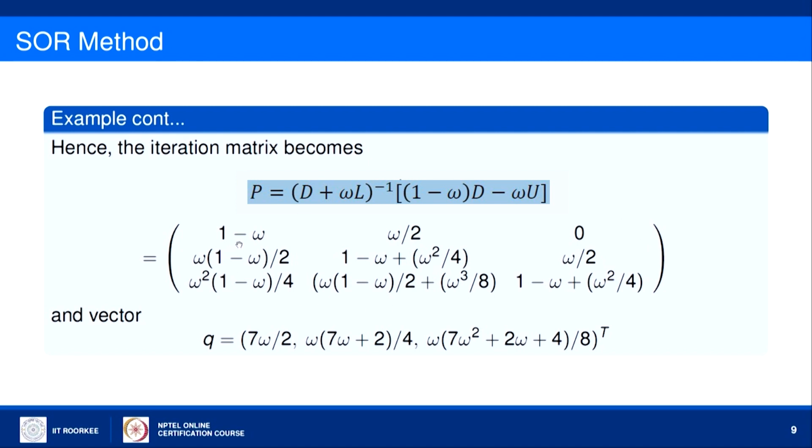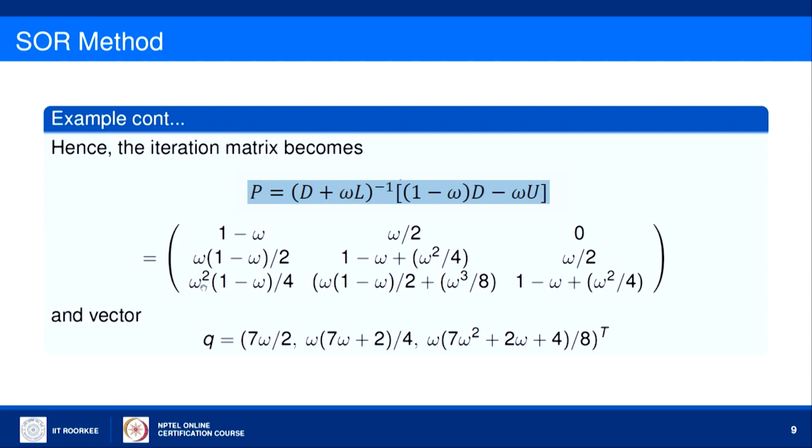So, first element is 1 minus omega, second is omega by 2, third one is 0. Then in the second row, first element is omega into (1 minus omega) by 2, second element is 1 minus omega plus omega square upon 4, and the third element in the second row is omega by 2.